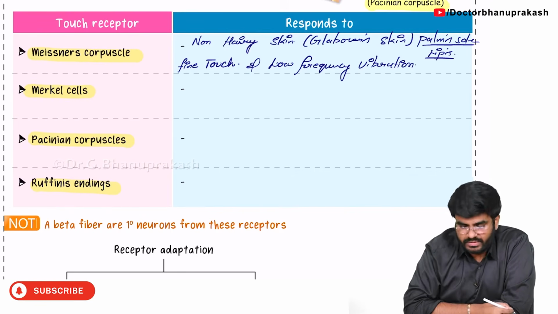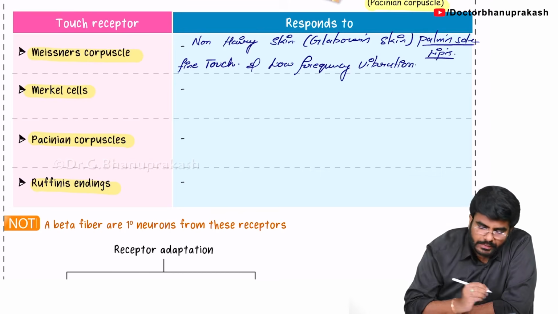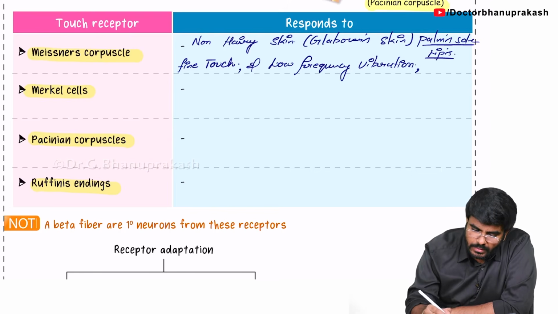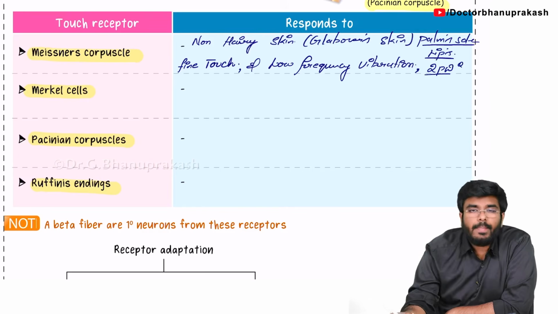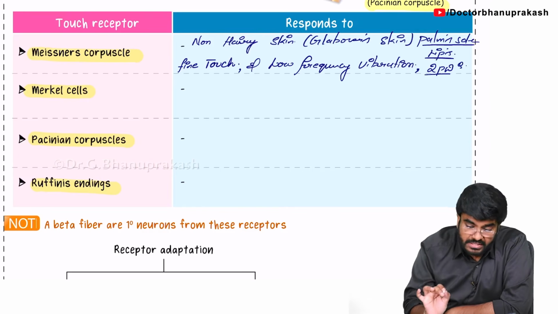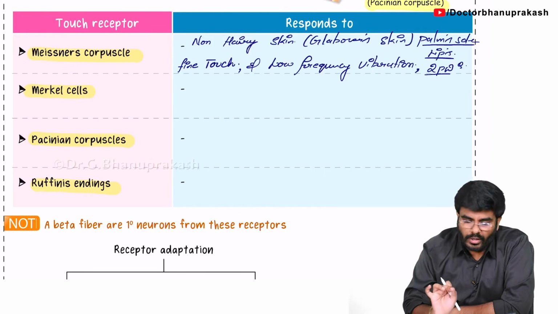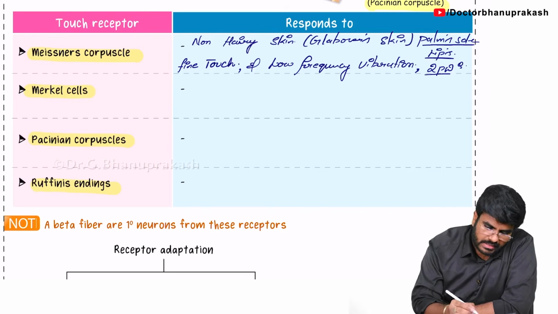And they are also good receptors for detecting 2-point discrimination, the 2-point discriminatory sense. But the best receptor for detecting 2-point discrimination is Merkel's, though Meissner's can also help in the 2-point discrimination. Next, let's discuss the Merkel cells.